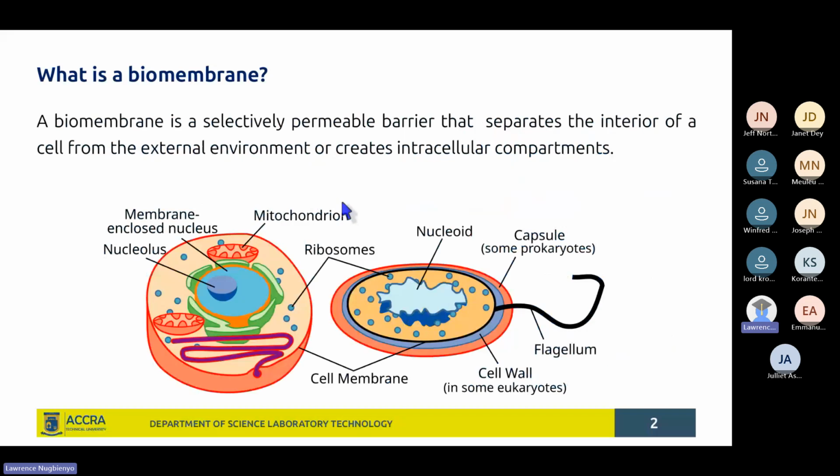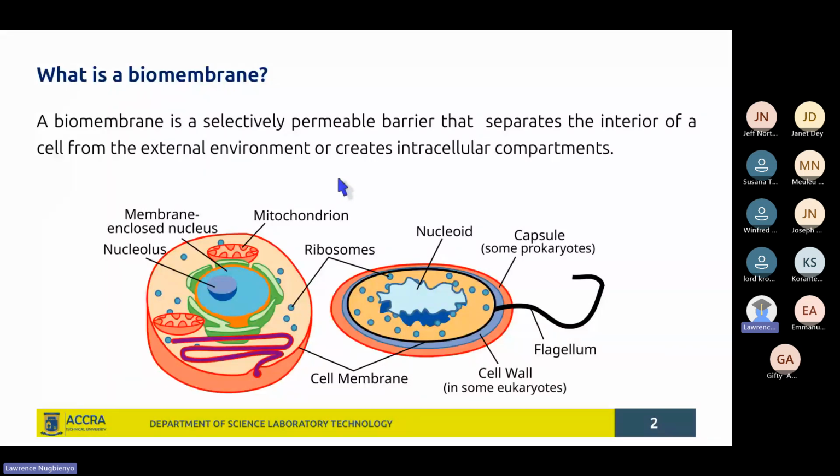And we want to first of all understand what a biomembrane is. If you take a cell, for instance, the cell has a cell membrane. That is the outer, selectively permeable covering of the cell.